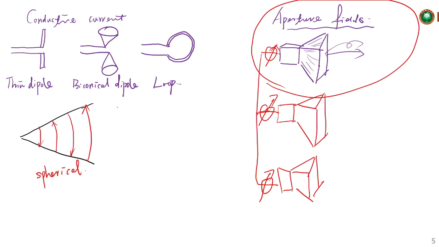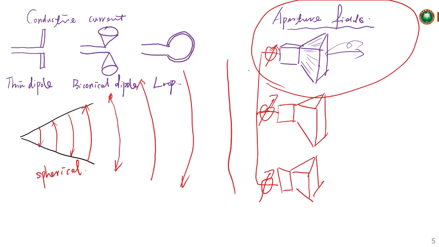But when it propagates into free space, its radius becomes larger and larger, and finally it becomes flat, right? So it becomes a plane wave.